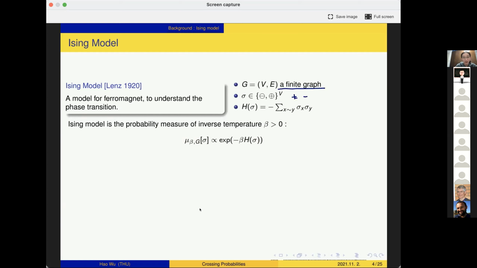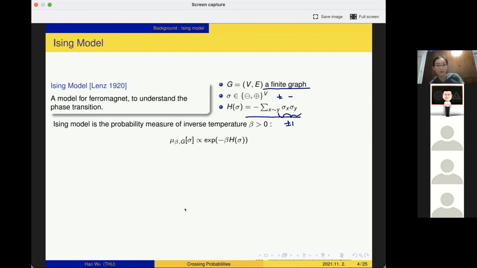And then we define the Hamiltonian, or the energy. The Hamiltonian is defined like this. For each neighboring pair of vertices, we take the product of the two spins, and then we sum over all edges, and we put a minus sign in front. Because the spins are either +1 or -1, the product is either +1 or -1, indicating whether the two neighbors agree or disagree with each other.